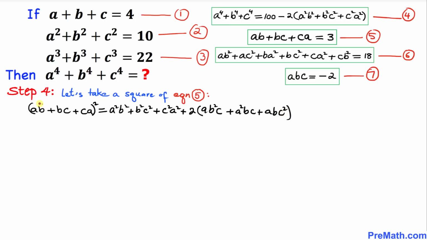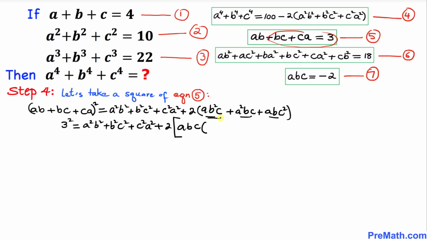And as we can see, the left hand side, AB plus BC plus CA is equal to 3. So I'm going to replace this one by 3. So this could be written as 3 square equal to, on the right hand side, we got A square B square plus B square C square plus C square A square plus 2 times, here if we look at these 3 terms, we can see that A, B, C could be factored out.